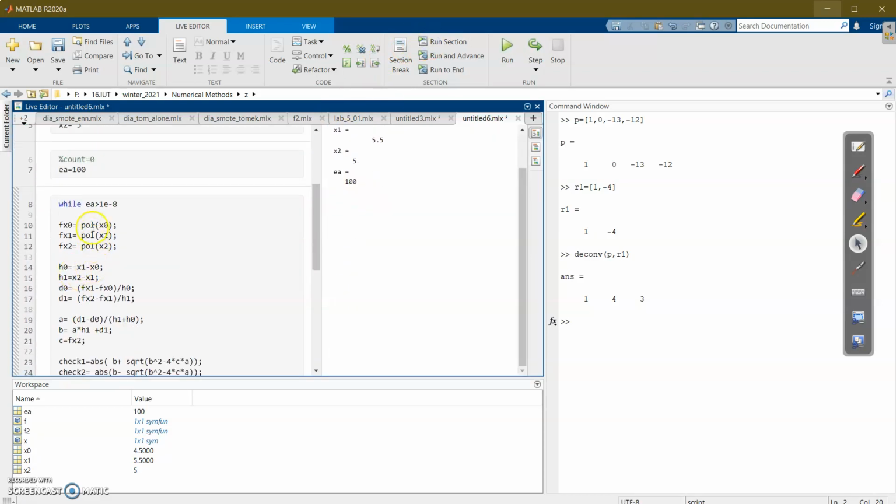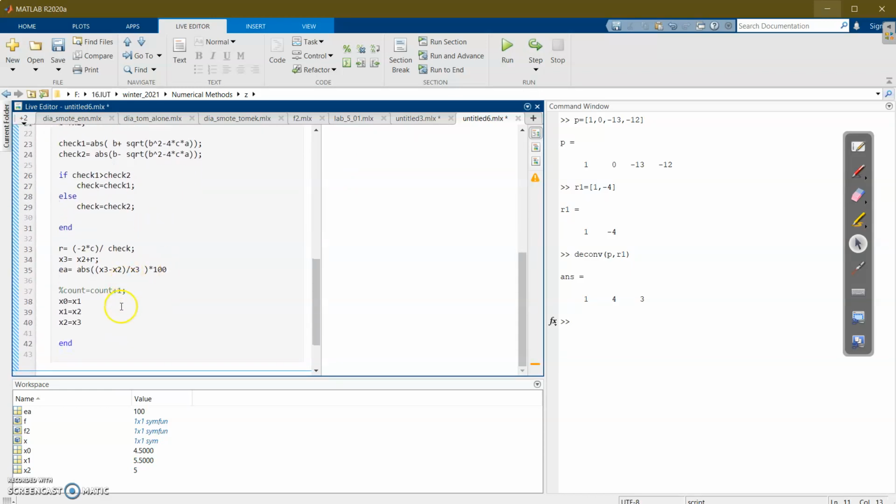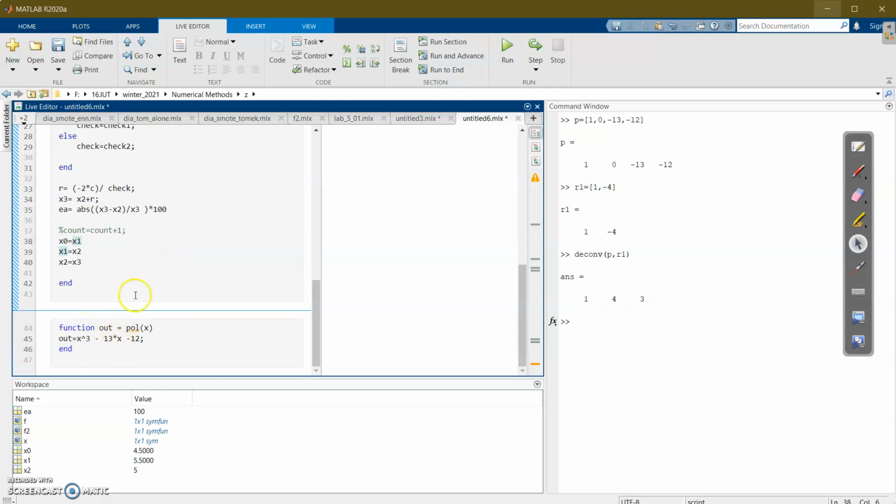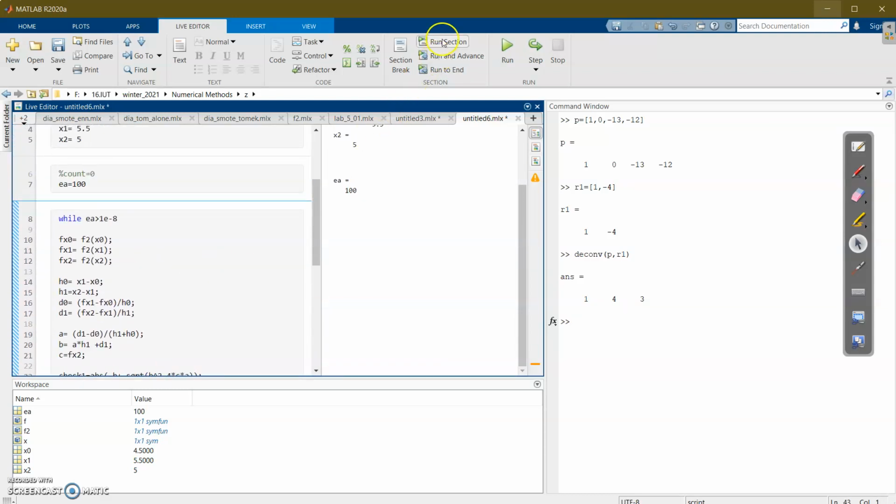Okay, so everything is the same. Let's see how it happens.